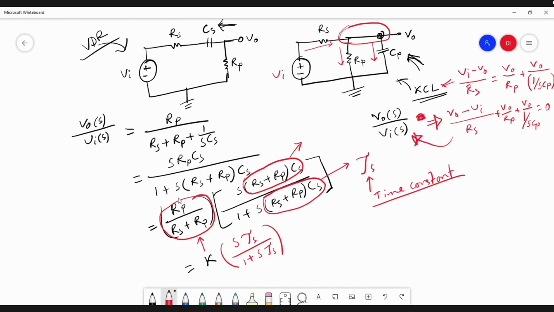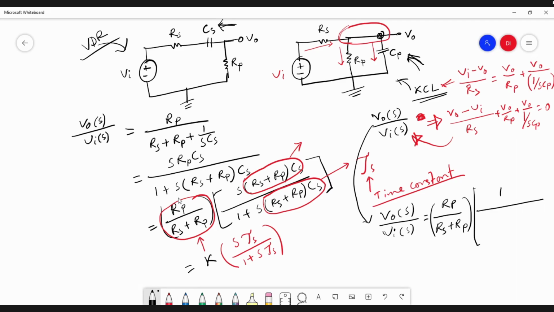Consequently, we can reach the transfer function Vo(s) by Vi(s), which can be represented this way: Rp by Rs plus Rp into 1 over 1 plus s into RsRp divided by Rs plus Rp, multiplied by Cp. So basically, what is this indicating?